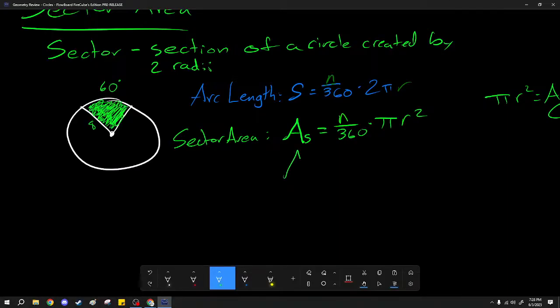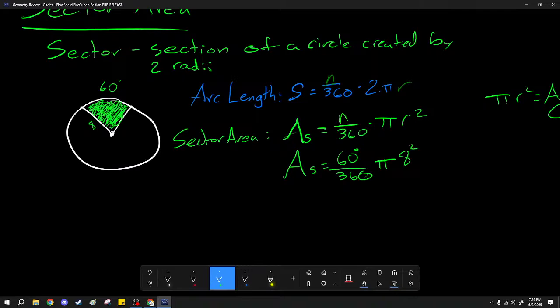So let's plug in our values. Area of a sector is the arc measure divided by 360. Well, what's our arc measure? 60 degrees. Times pi times r squared. Well, r is our radius. Our radius this time is 8 squared.